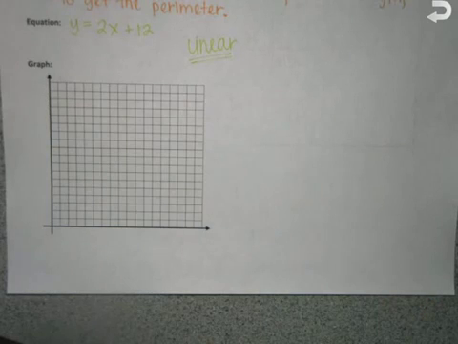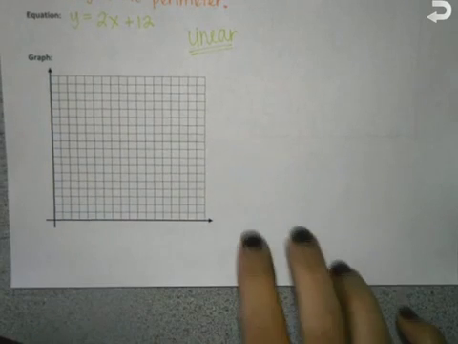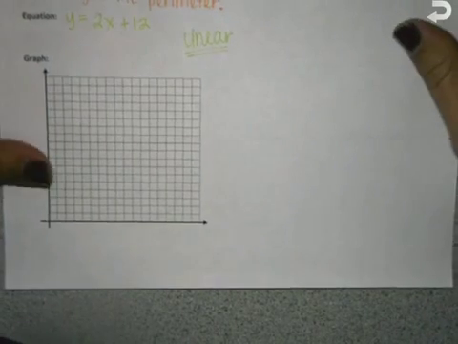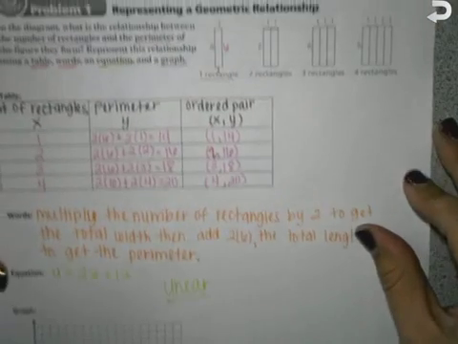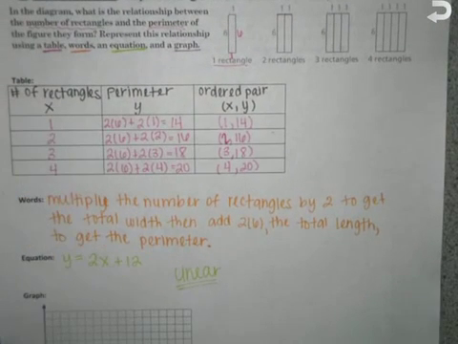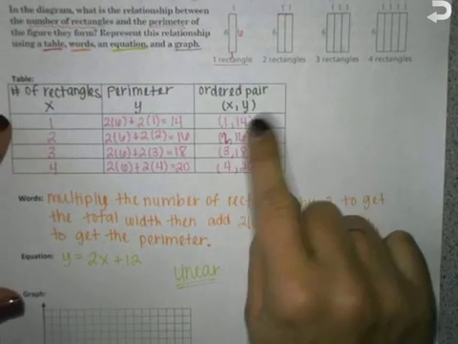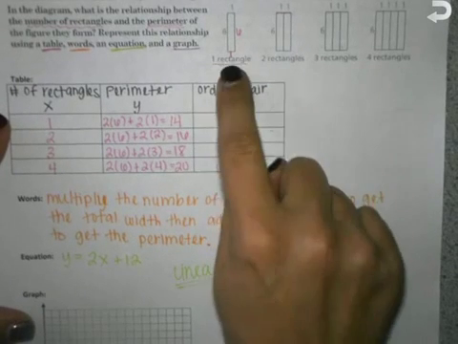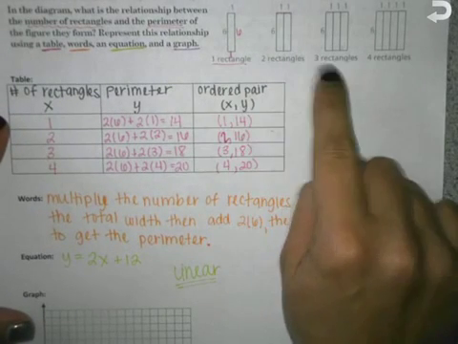So last part, let's graph it. Question, is this graph going to be continuous or discrete? Why discrete? We have ordered pairs. What else? What are we counting as our x's? Number of rectangles.